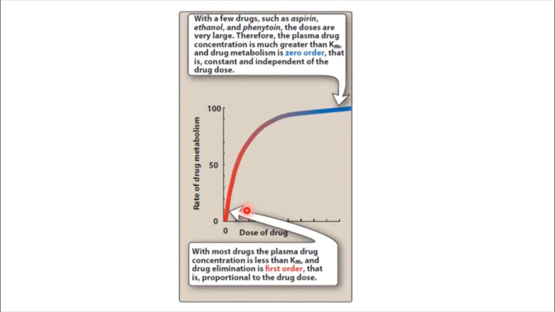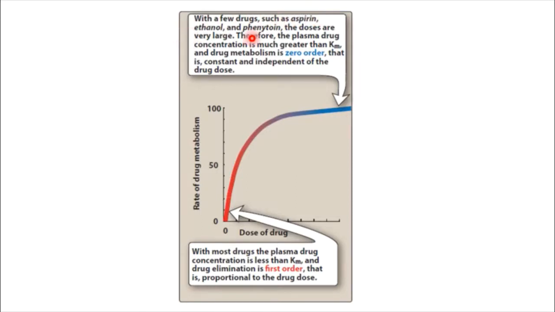This also presents the rate of drug metabolism with drug doses. For first order kinetics, we know that increasing drug concentration will increase the rate of drug metabolism, but when we reach a very high concentration, the rate will not increase. Examples of drugs that can reach zero order kinetic process are aspirin, ethanol, and phenytoin.